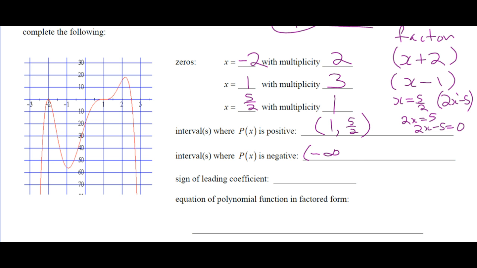So we say from negative infinity up to negative 2, but not including negative 2, because then it would be 0. And then we take that and we put it together with from where to where? From negative 2 until I get to 1. Right? Where am I negative?